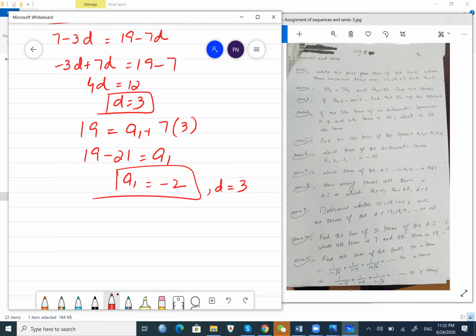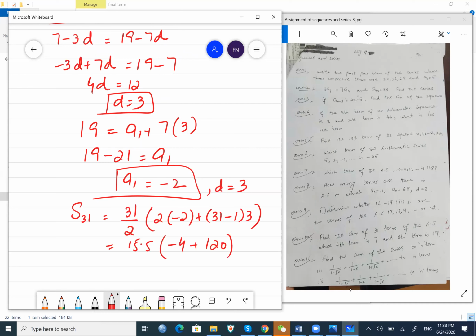We need to find the sum of 31 terms. So S31 will be 31 by 2 times 2A1, which is minus 4, plus 31 minus 1 times 3, which is 90.